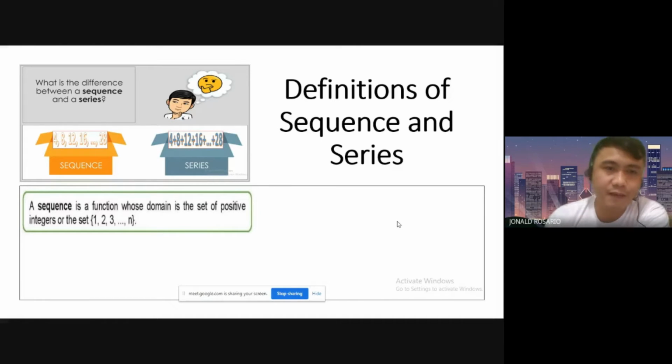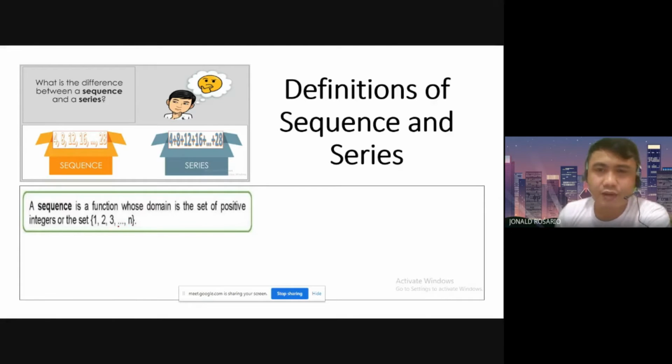So, ang sequence pala ay isa lang siyang function. Of course, alam nyo na ang ibig sabihin ng function, di ba? Napag-aralan natin ang linear function, quadratic function, polynomial function, or any function. So, sequence daw, isa rin daw yung function. Ang domain niya ay lahat ng mga set ng positive integers, which is 1, 2, 3, up to n.